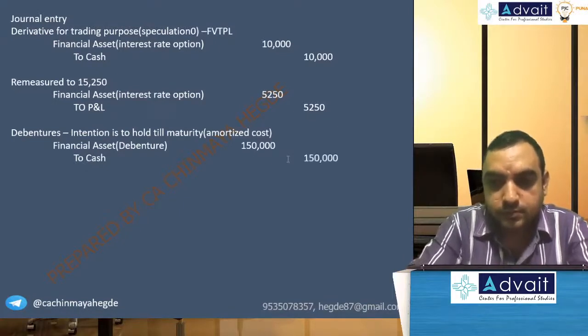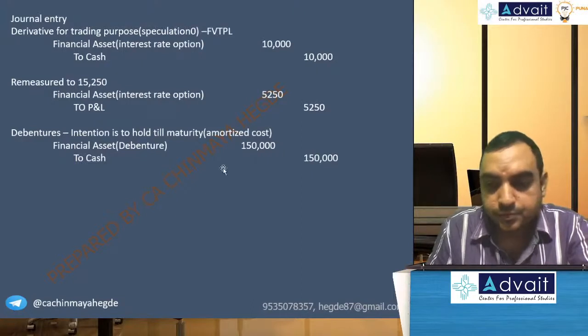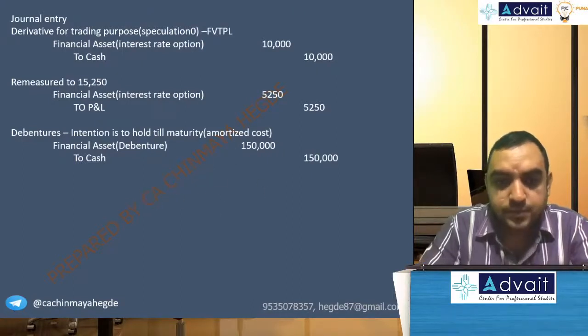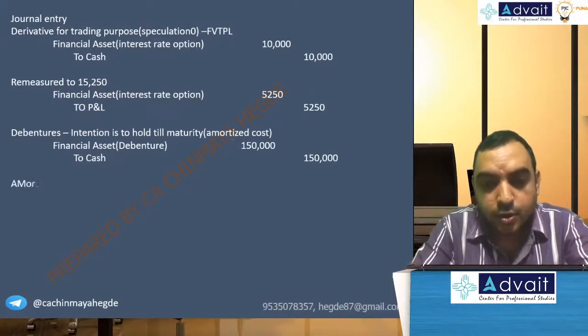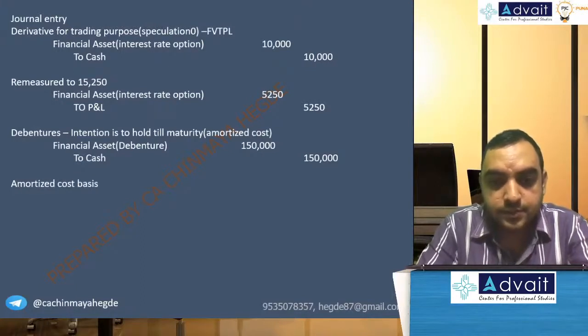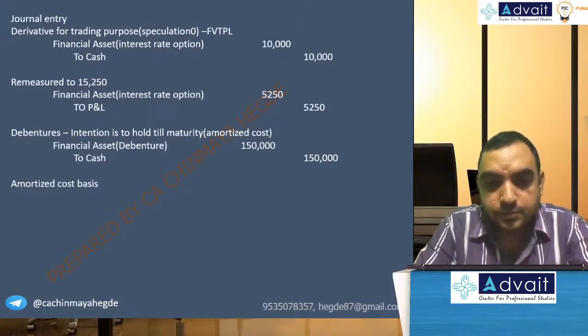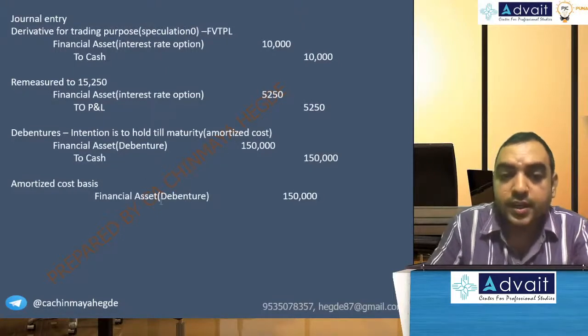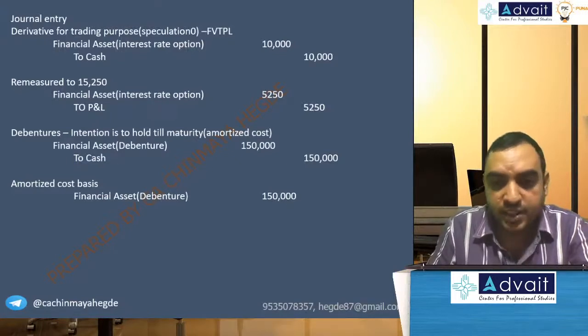Then on 31st of March, on amortized cost basis, financial asset debenture, you record it on effective interest basis. Effective interest is given as 8%.